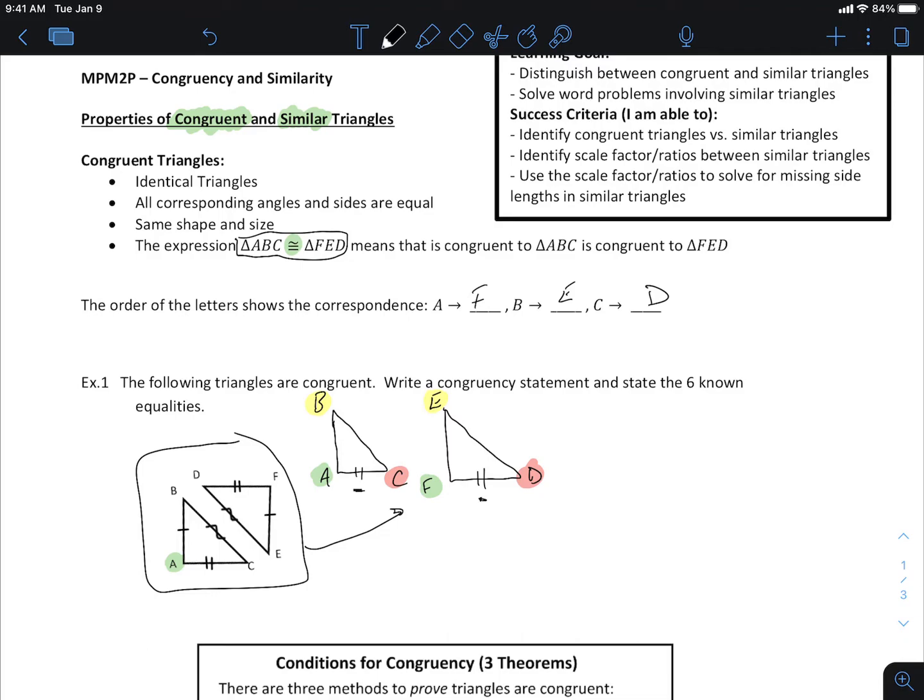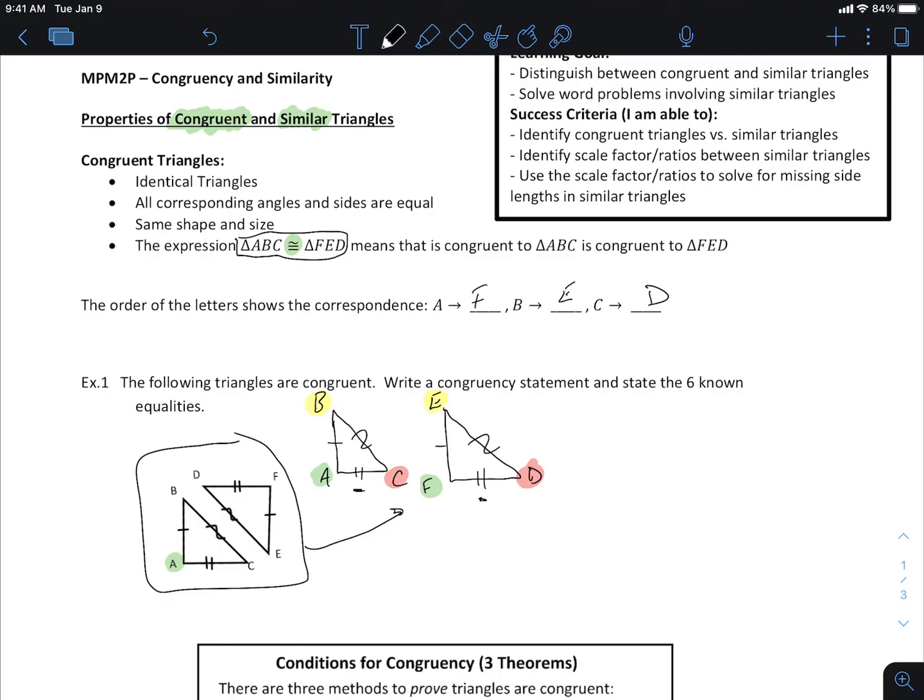So if you look at AB, AB only has one hash mark, and FE has one hash mark. So they're different from this side length, but the same across triangles. That's how they're marking it. And the last one they've used the squiggly to represent this side length being the same as that one.